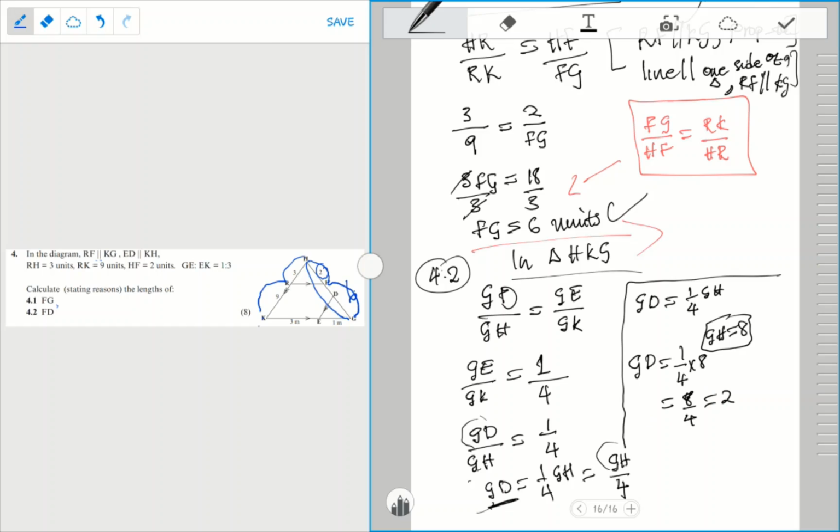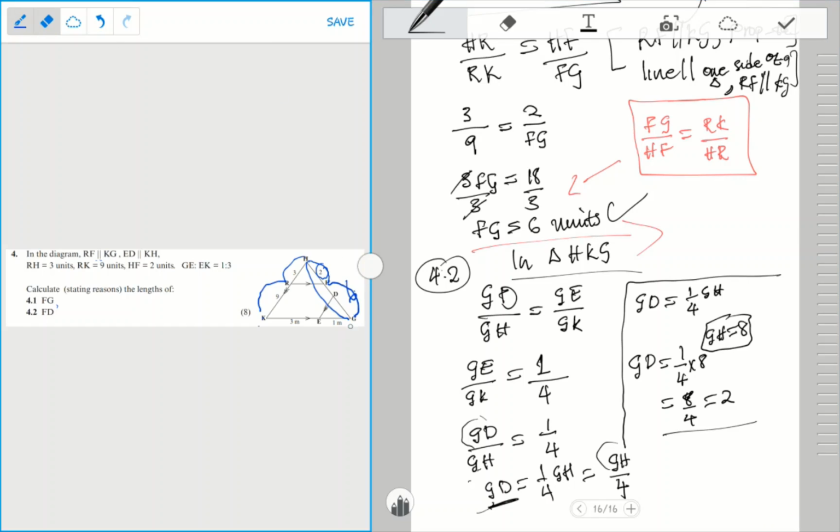Then now we are saying that this GD is equals to 2. Okay, and now we know that the distance from here to here is equals to 8.